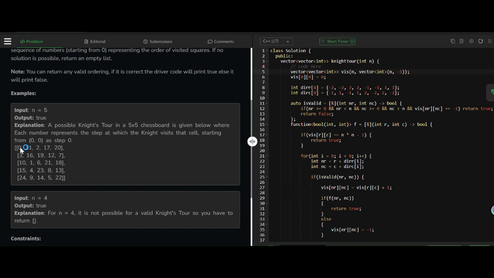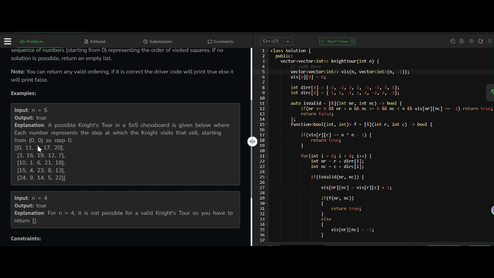Right. Okay. After that, it will make its first move. It will reach 2, 1, right? So basically, it has a value 1. It means it can reach this particular cell in one move, right? And after that, it will move to this particular cell, that is 0, 2. So its value is 2. It means it can reach this cell after 2 steps, right?